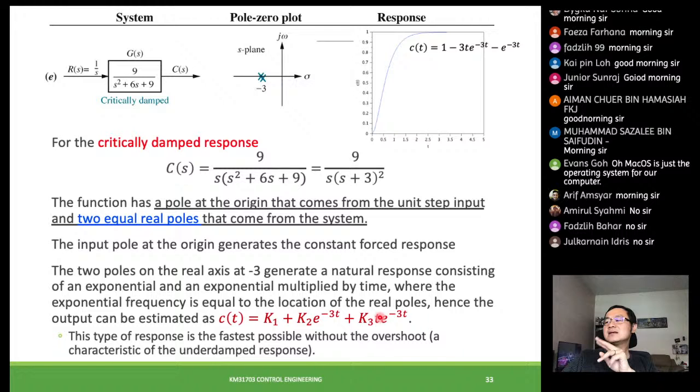Undamped, you have the overshoot, whereas the critically damped and overdamped, you don't have the overshoot. But you can see the characteristic, it will always start slow and then go up. So what are the 2 parameters that control the behavior of these things? For the first order, we have the time constant. For the second order, we have 2 terms.